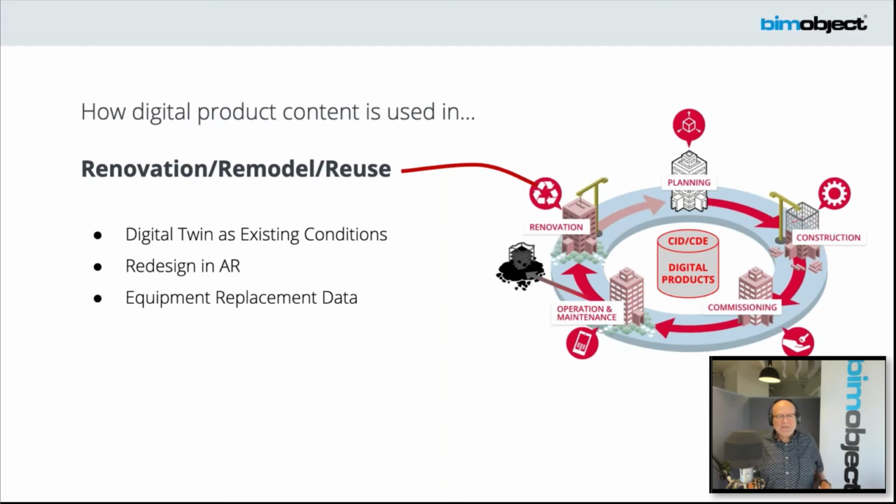Equipment replacement data. So even in a renovation, they might be doing an update of lab equipment in a laboratory of some sort, or even an update and a renovation for higher energy efficiency of HVAC systems or other equipment. The data of what you're going to be removing is all readily available to you in that case. Again, back to the hazardous materials.